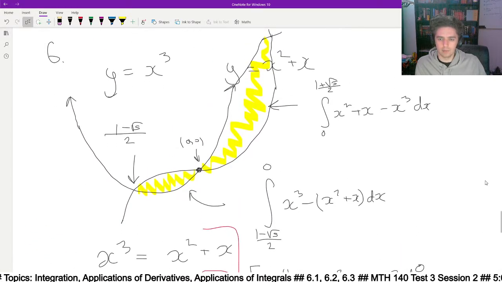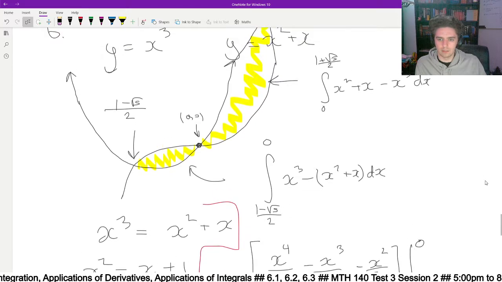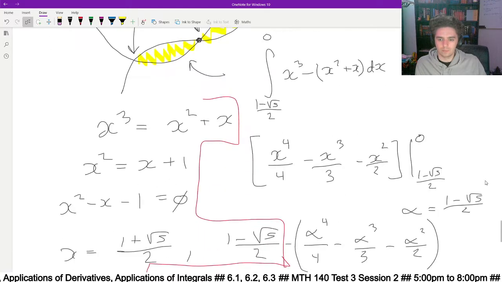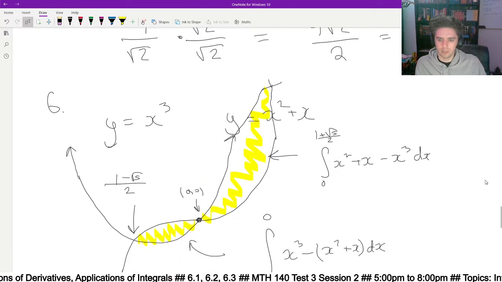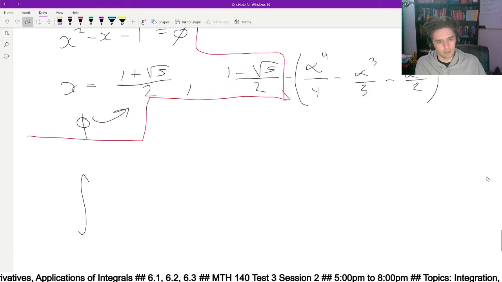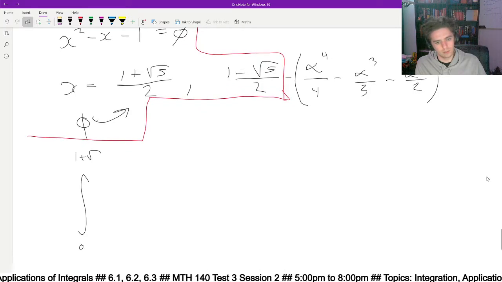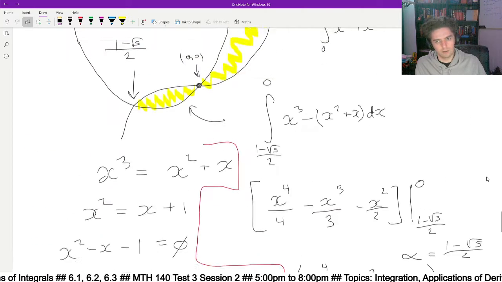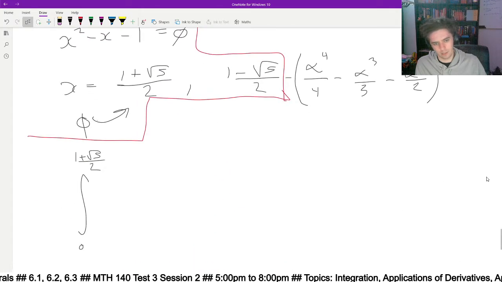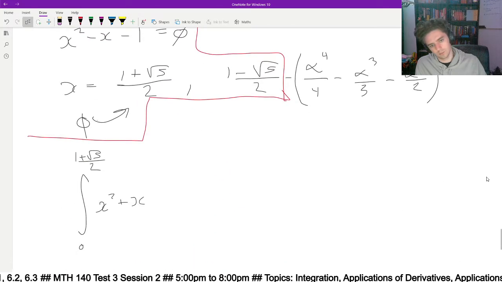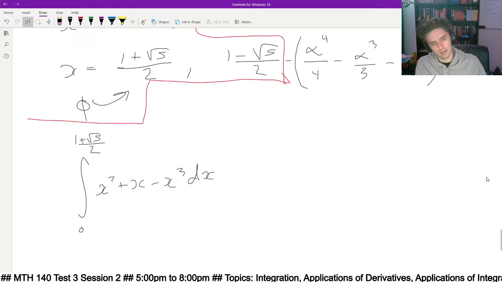And then the next area will be this stuff here, right? So this integral is the integral from 0 to 1 plus root 5 over 2 of x squared plus x minus x cubed dx.